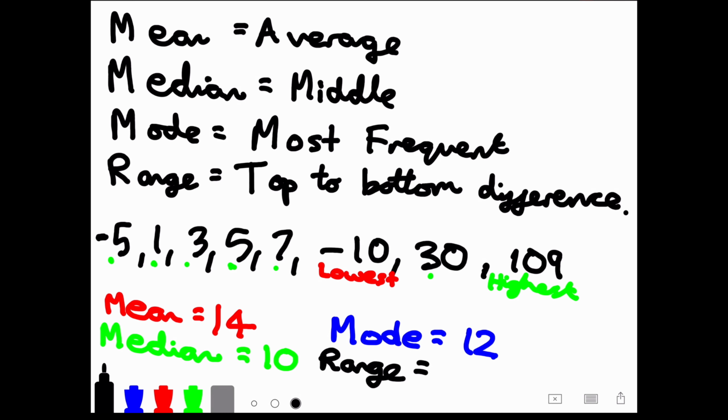And then to get from 0 to 109, it would be 109 places on a number line, and 109 increases of 1. So we take the differences and add them together. So -10 to 0 is 10, and 0 to 109 is 109. 109 plus 10 is 119. And that would be our range.